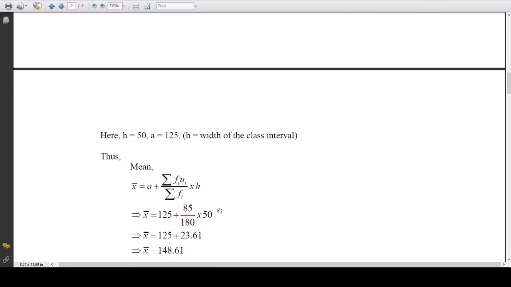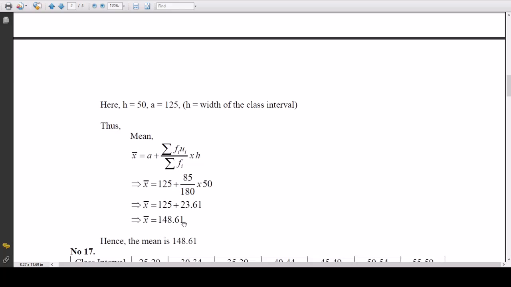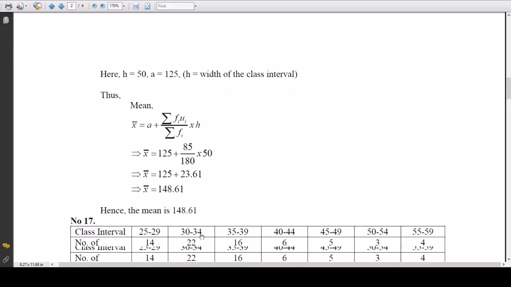Now here you cancel this 0 with 0, you'll get 85 multiplied by 5, and then divide by 18, you'll get 23.61, and on adding 125, you get 148.61. Hence the mean is 148.61. Clear?